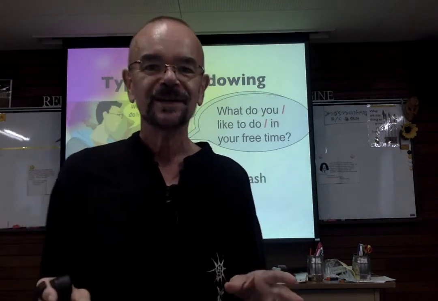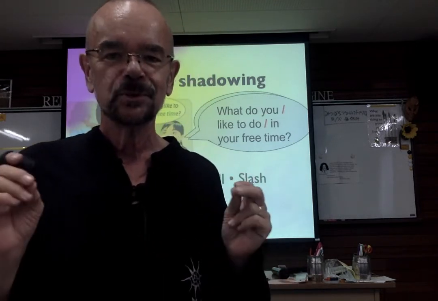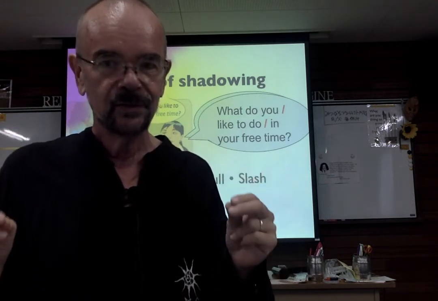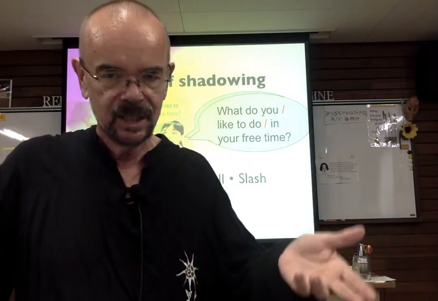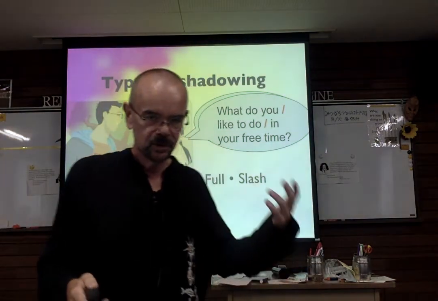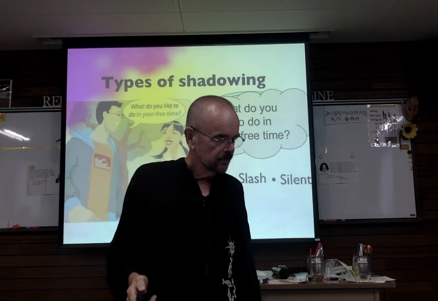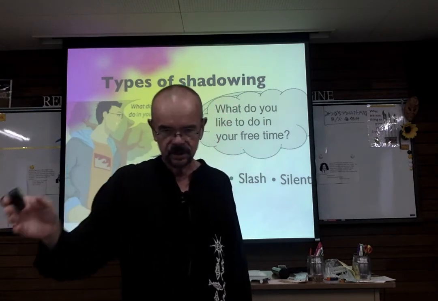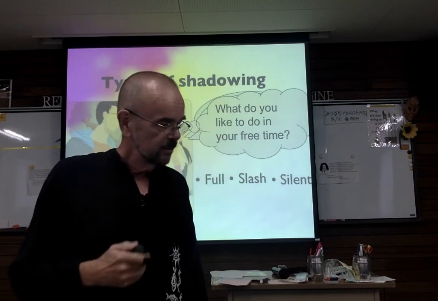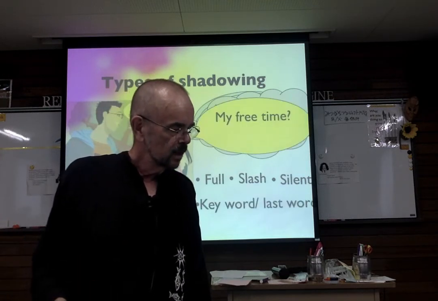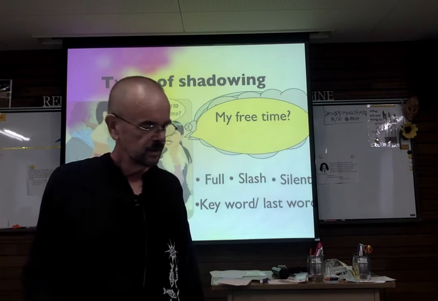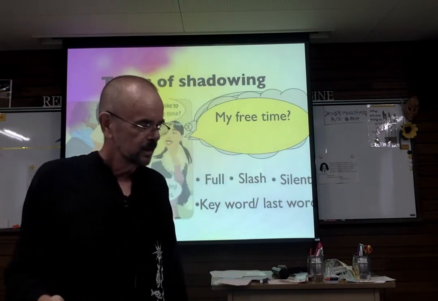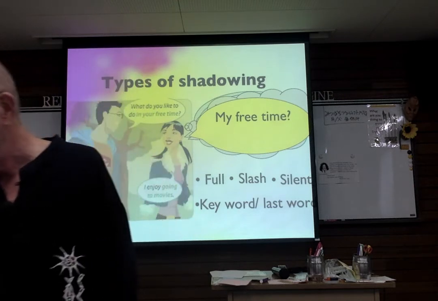Let me give you a hint. When you have a class that is boring, silent shadowing is a great way to remember or to pay attention. It helps you remember. Or we can do keyword, last word shadowing. What do you like to do in your free time? My free time? Or ask a question. My free time? Why do you ask? All right, so there are lots of ways to shadow.